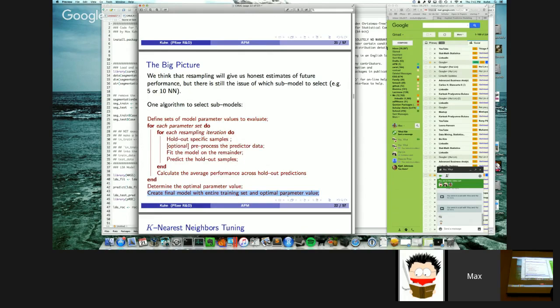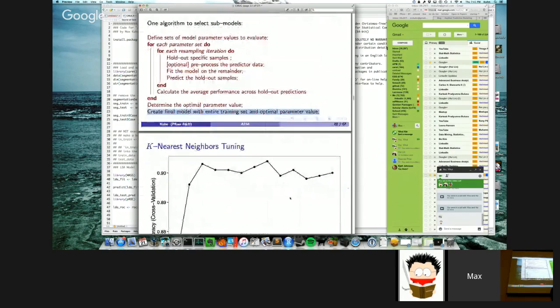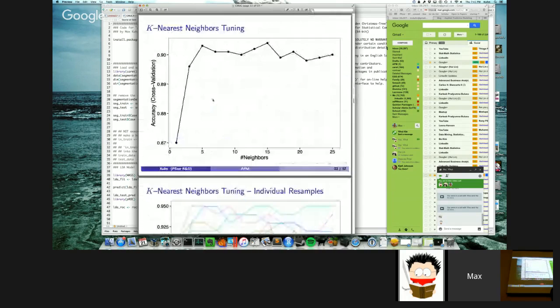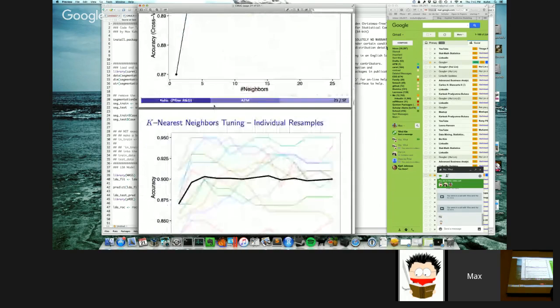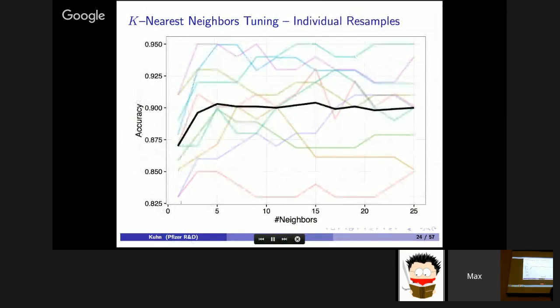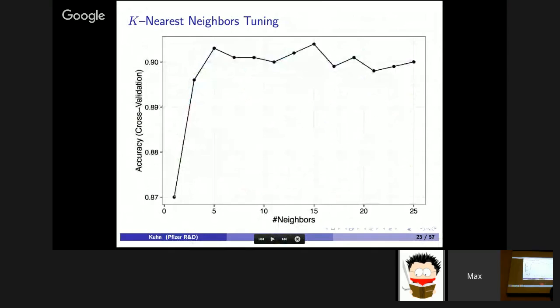For the simulated data that I had up here, I did regular old tenfold cross-validation, and here's what the profile looks like. When you had a 1 nearest neighbor model, the average of the 10 resampled estimates of performance is about 87%. When we went to the 3 nearest neighbor model, we got a 2.5% boost in performance.